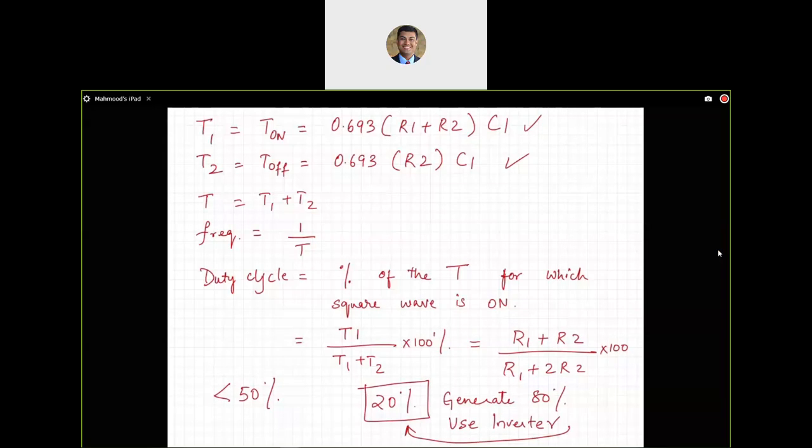So you can use a trick to get the duty cycles that are between 0 and 50%. Greater than 50%, you just get your R1 and R2 and C1, play along with those parameters to get those numbers. But by using an inverter or a NOT gate, you can flip the square wave and then get to a 20% signal.